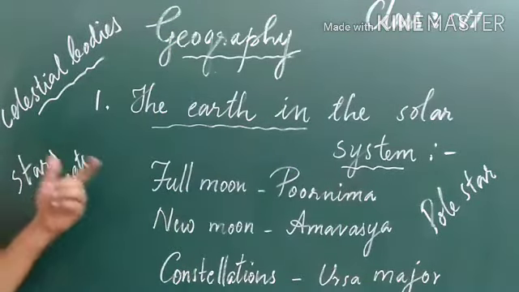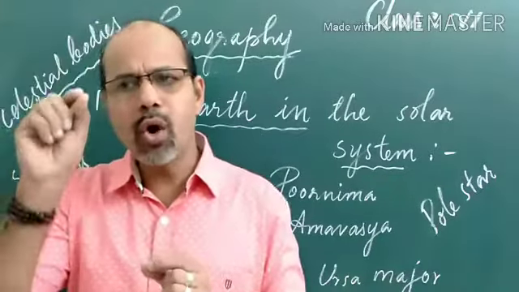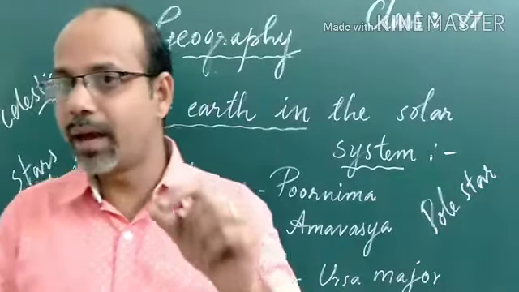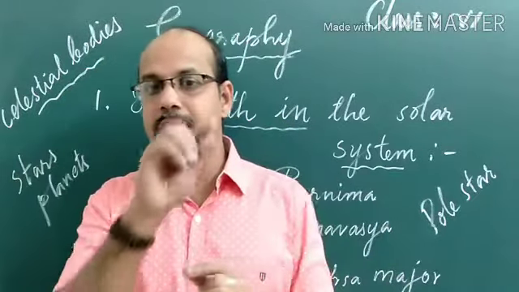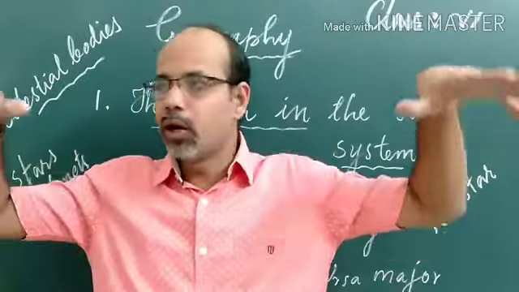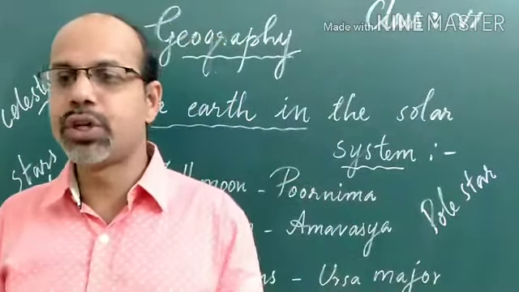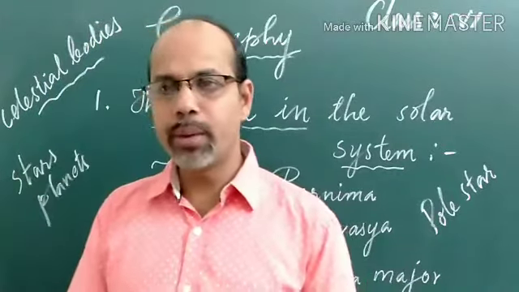A constellation is a group of stars in a particular pattern, in a particular shape that looks like a lion or tiger or bear, any animal shape, a fish, or such kind of shape.